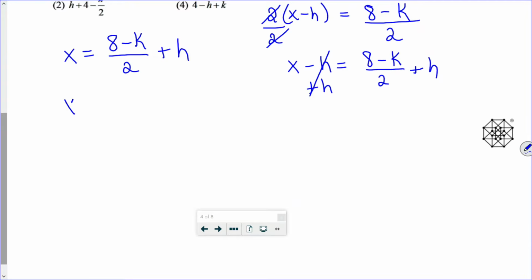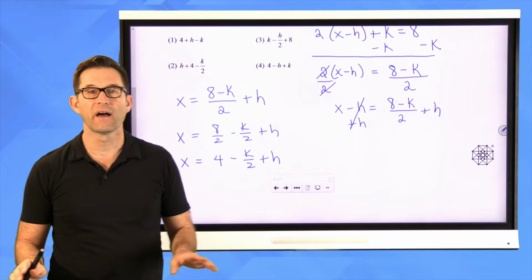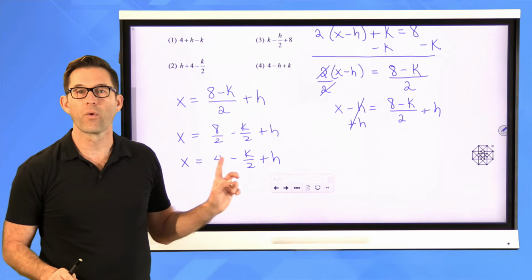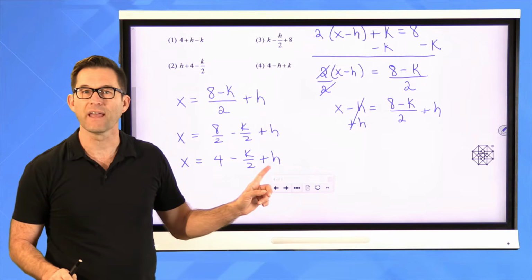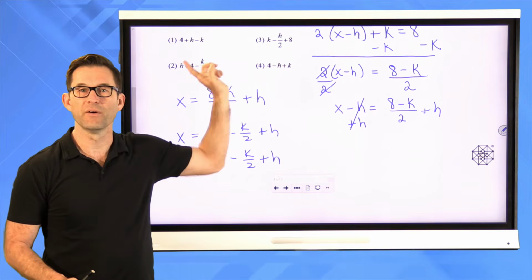In fact, what I'm going to now do is say this is 8 divided by 2 minus k divided by 2 plus h. Of course, 8 divided by 2 we can do something with. That's 4 minus k divided by 2 plus h. Now that's a lot closer, right? That's a lot closer to what I had before. That almost looks like some of these.